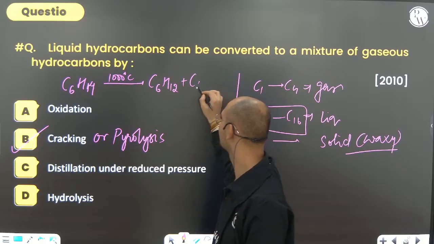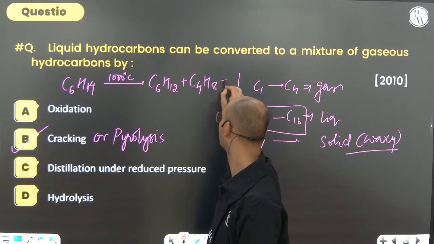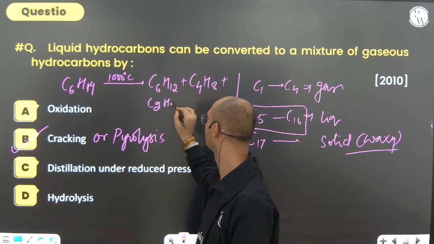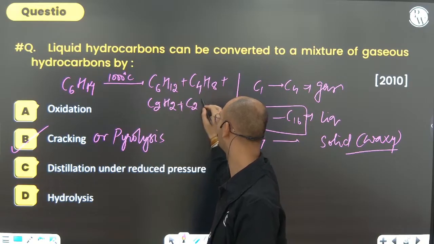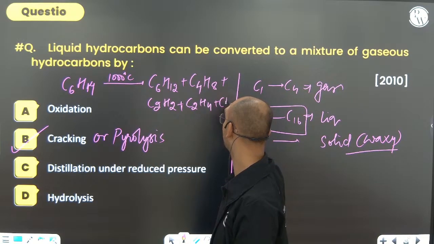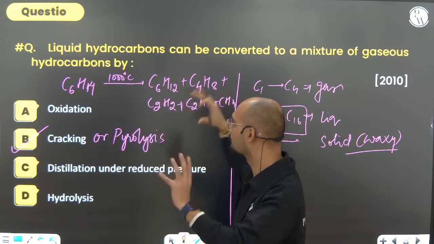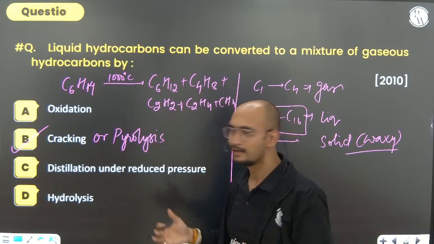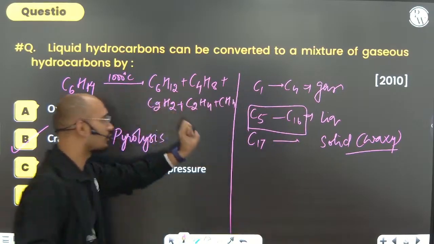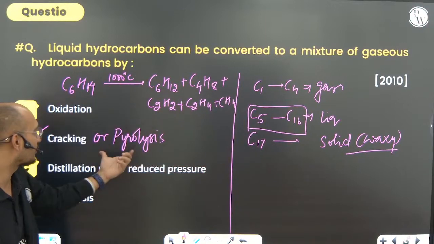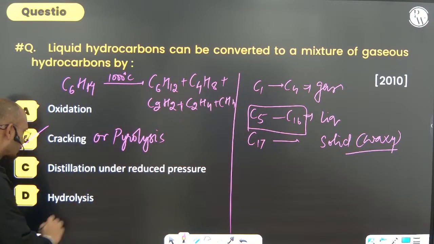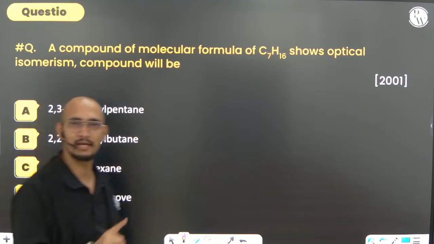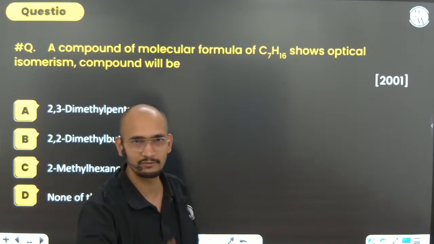Also, you will get C4H8. You will also get C2H2. You will also get C2H4. You will also get CH4. You will get a mixture of many gaseous and other smaller hydrocarbons. So this is nothing but pyrolysis or cracking. Okay, so let's go further. Please read NCERT. Further reading expected from you.